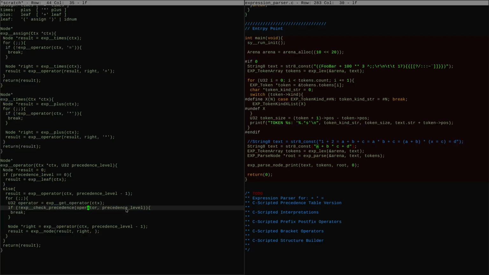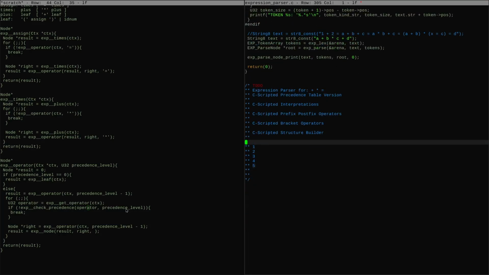So it's like your stack looks like this when you do this, right? Your highest precedence level goes on the top of the stack, and then 4, 3, you know, the top of your stack just keeps shrinking down to the lowest precedence level. You get a leaf, right? And you parse that. Then what's next is an operator.